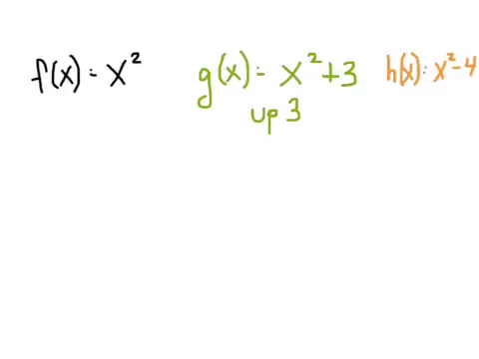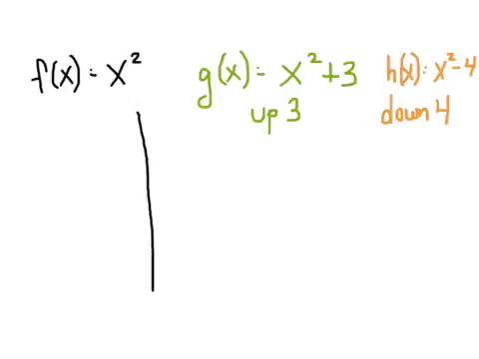Same thing, this one, we would say down 4, or a vertical translation, 4 units down. If you really want to get technical, you can do that, but as far as I'm concerned, I just do up 3, down 4, and that's it.